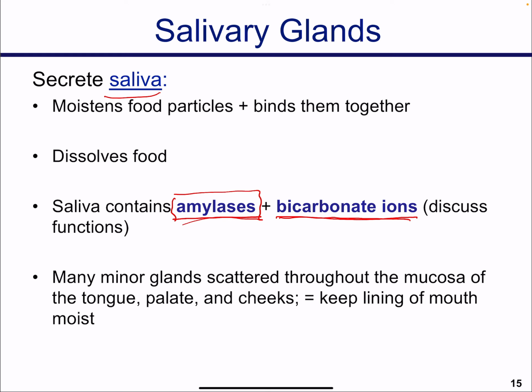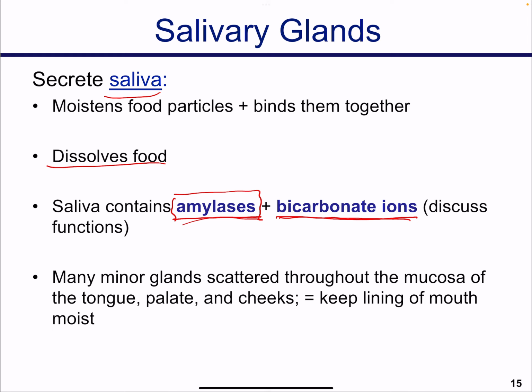They're going to break down starch into smaller molecules, glycogen into smaller molecules, and starch and glycogen are polysaccharides. I want you to remember that, okay? The saliva is there to moisten food, right? To actually cause food to become almost like a dough, right? And the water is going to be very important too for dissolving food, all right?